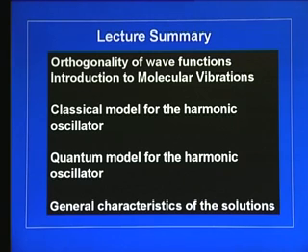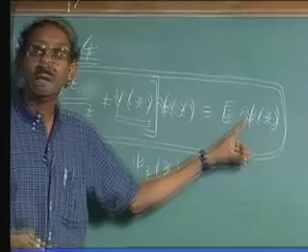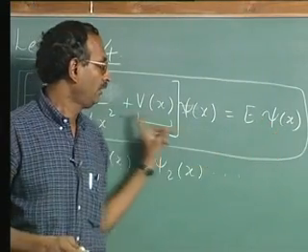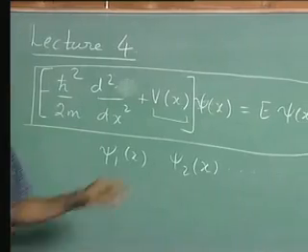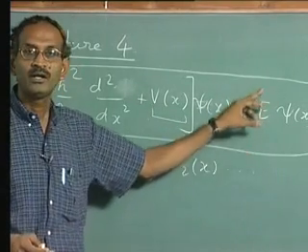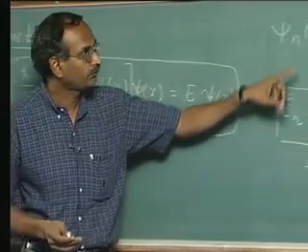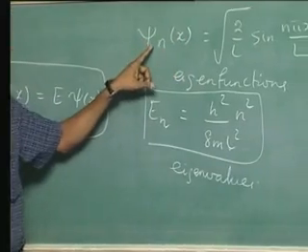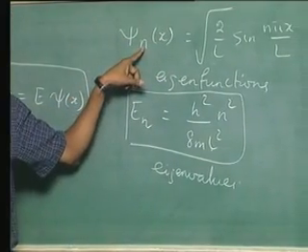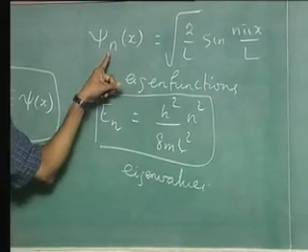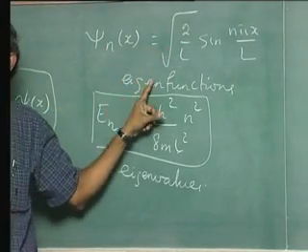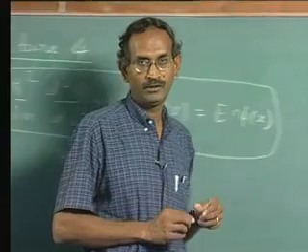Also, one important point which I did not stress in the last lecture is that the solutions that we obtain for H psi equal to E psi, corresponding to different E values, for example n equal to 1 and n equal to 5, or n equal to 2 and n equal to 10, are orthogonal.